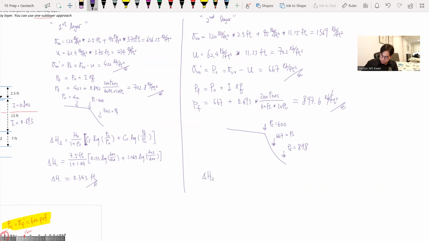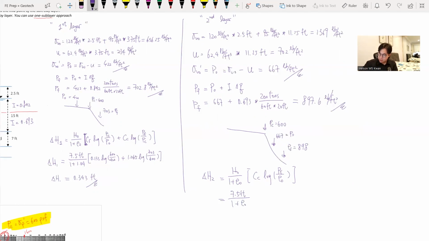So this time the second layer settlement equals again this constant. This time we only have the C sub C. So same equation from the FE manual. Plug in the numbers. The H naught, the thickness of the soil layer, is not 15, right? Again, because we consider two sublayers. So this is the total thickness divided by 2. So this is 7.5 feet.